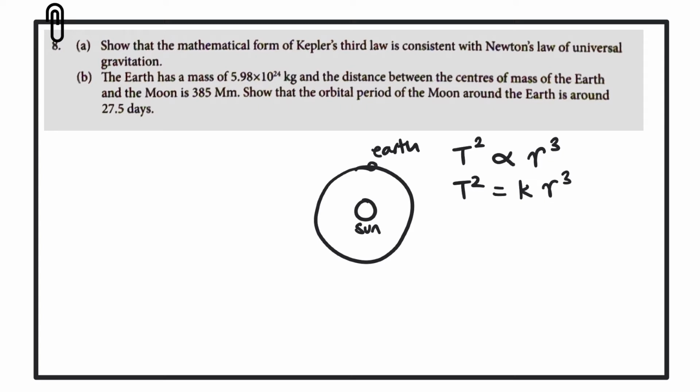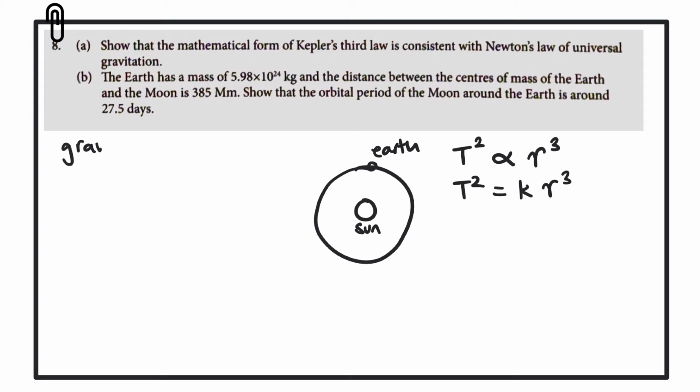When it comes to planetary motion, it is gravity that provides the centripetal force. So our starting point is to state that the centripetal force is provided by gravity, that the gravitational force is what keeps it moving in a circle.